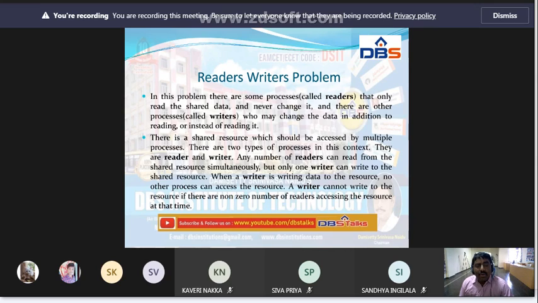For example, when a writer is writing the data, the reader is not reading the data. If the reader is reading the data at the same time the writer is writing, there is a problem of synchronization. A writer cannot write to the resource if there is a non-zero number of readers accessing the resource at a time. At a time we can't perform both reader and writer operations.